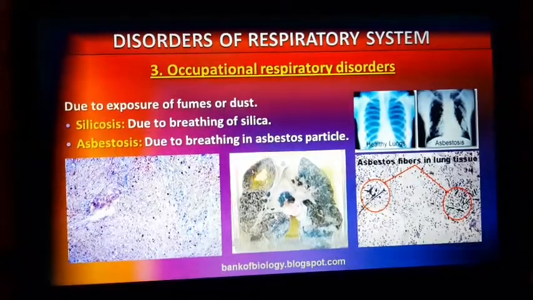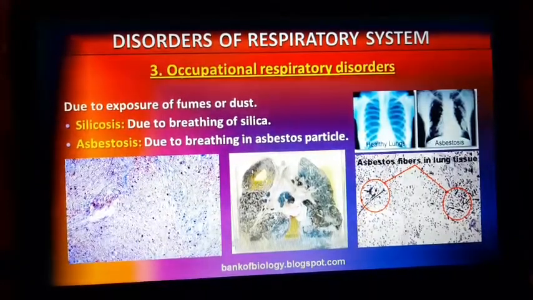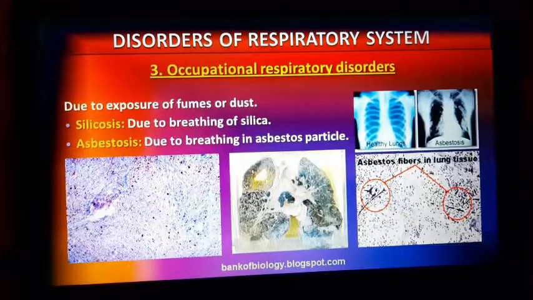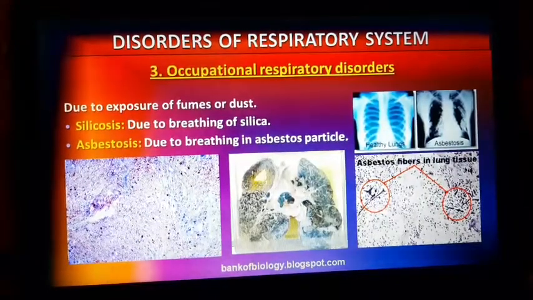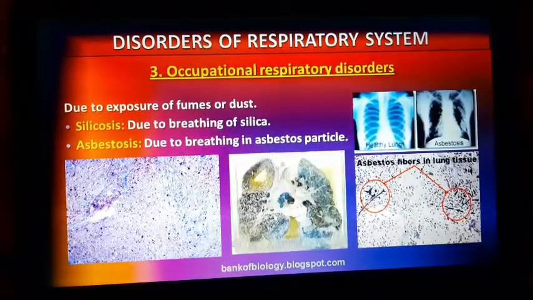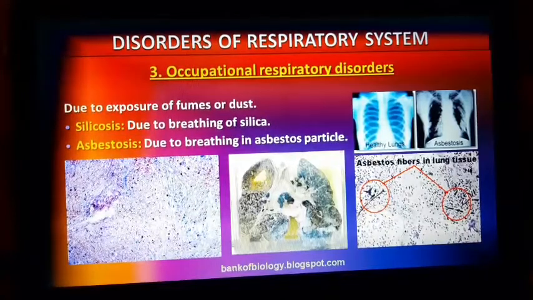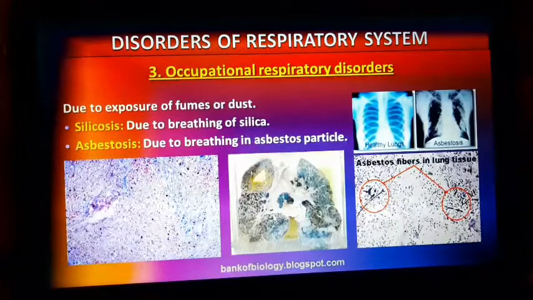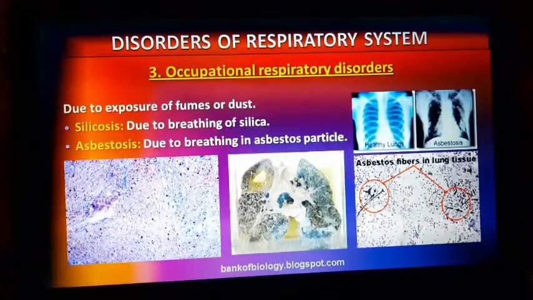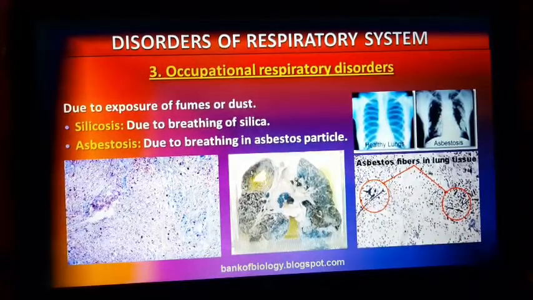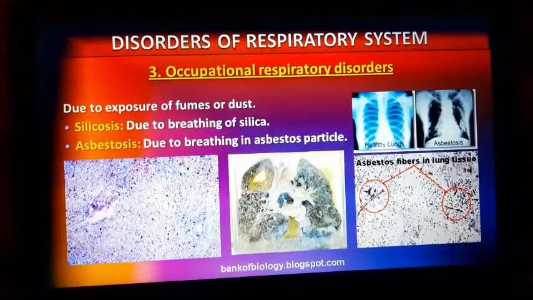Initially it leads to infection of the upper respiratory tract. Later on it leads to infection of the lower respiratory tract, mainly the lungs. By this process the person will suffer with respiratory disorders, and again there will be suffocation. More quantity of mucus is also secreted. As a result, the lungs get damaged in due course, and if it is not controlled, it leads to death.